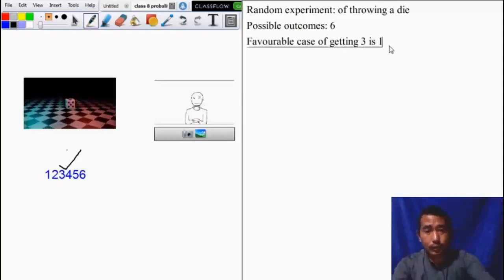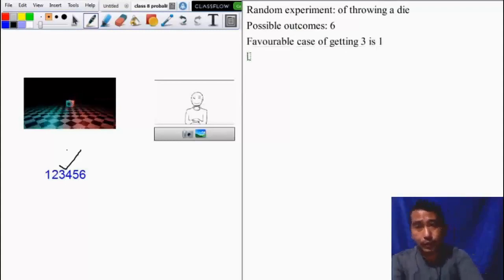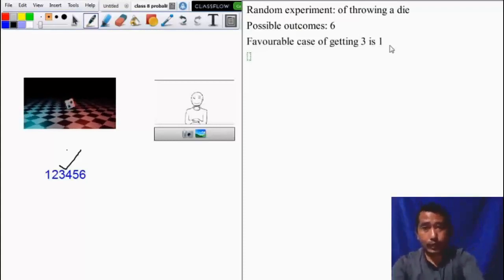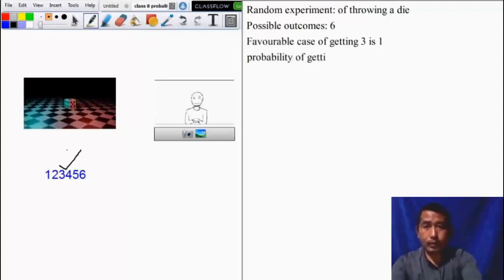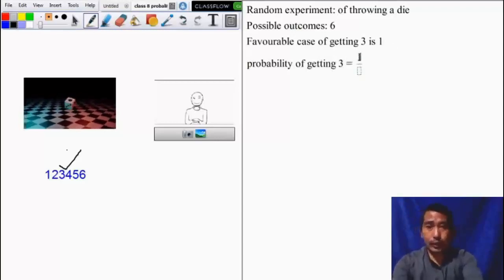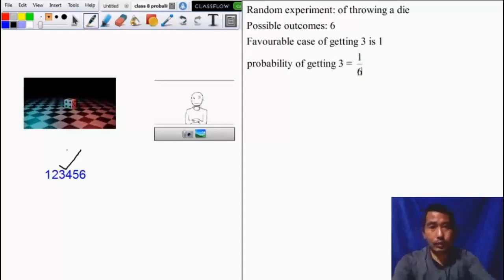And if we want to get the probability, or the chance, of getting this number 3 when we roll a die, then we find the probability in this way. That is, the probability of getting 3 is 1 by 6.